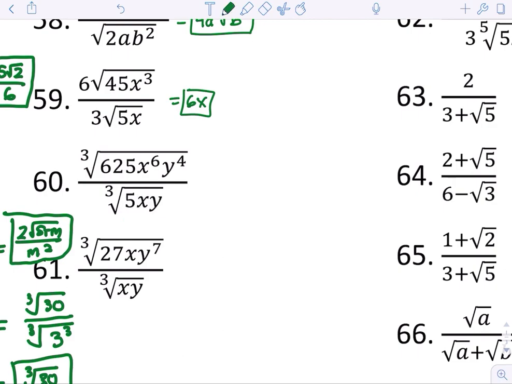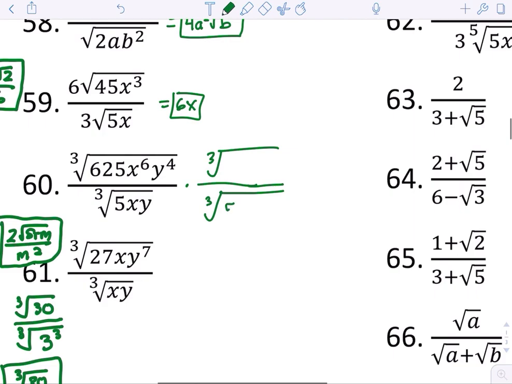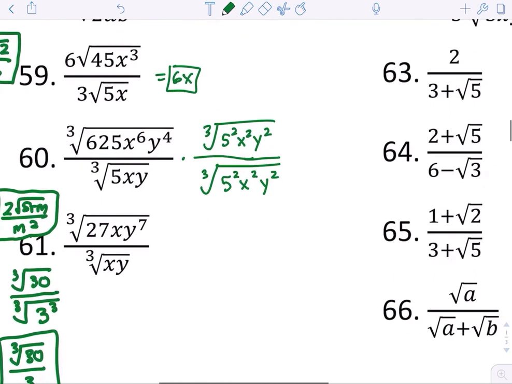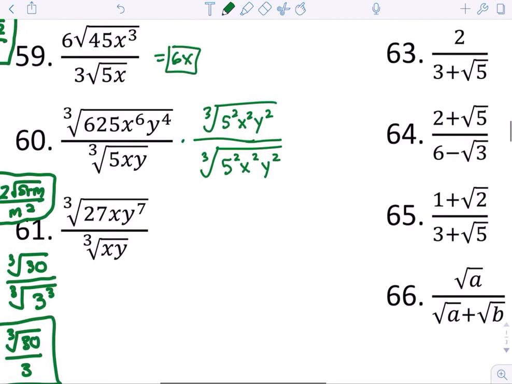So, what I need to do is I need to multiply the cube root to top and bottom by 25, so 5 squared, 2 x's, and 2 y's. Now, on the bottom, we are going to get the cube root of 5 to the third, x third, y to the third.